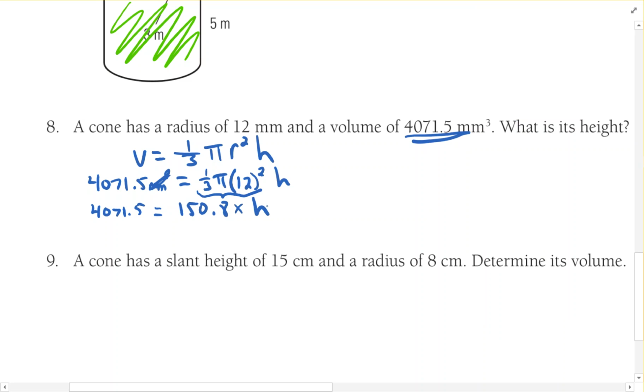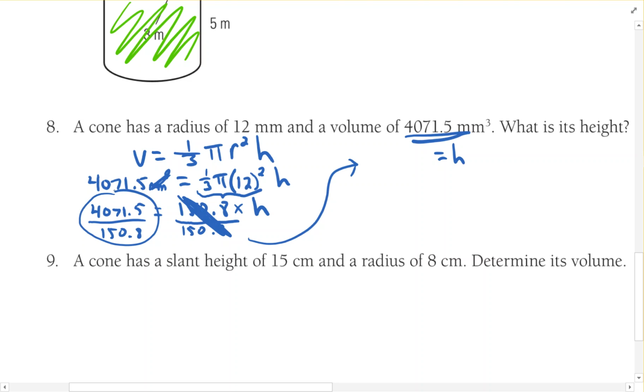Okay, and then last thing we got to do is just get rid of this 150.8. So the way I'm going to do that is divide both sides by 150.8. And what happens is that 150.8 divided by 150.8 on the right side, they cancel. And we've just got height is equal to, and then it was equal to this, right?